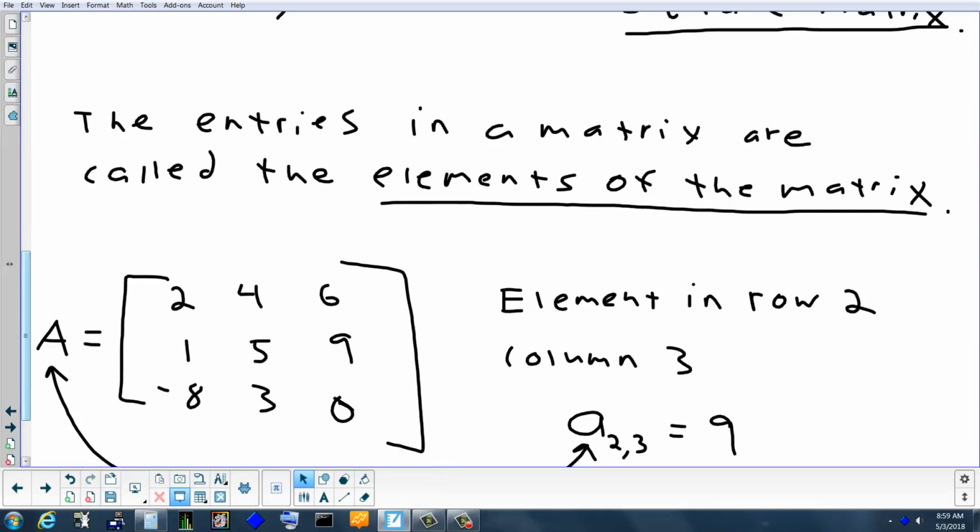So A sub 2,3 stands for the element in row 2, column 3. So if I look at the matrix, row 2, column 3 has a 9 in it.